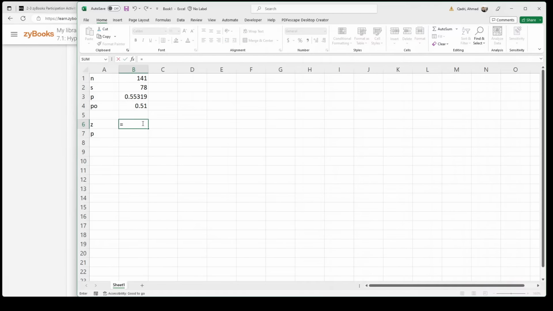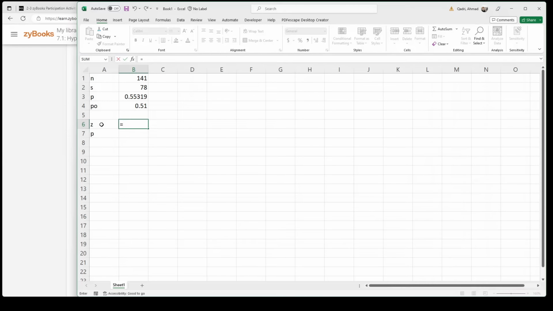Now, the formula for calculating the z statistic is sample proportion minus proportion under the null hypothesis. That's the numerator. And in the denominator, we have the square root of the proportion under the null hypothesis times 1 minus the proportion under the null hypothesis, over n. So that's the formula, so let's just type it out.